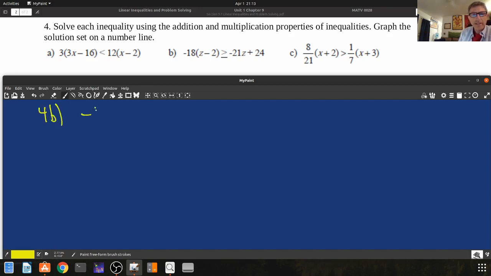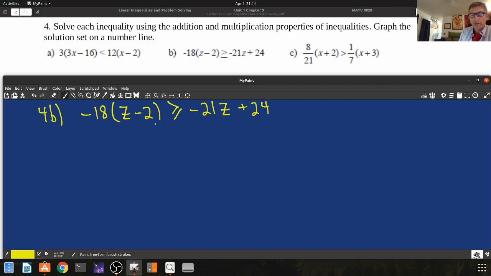So this is minus 18 times Z minus 2 is greater than or equal to minus 21Z plus 24.